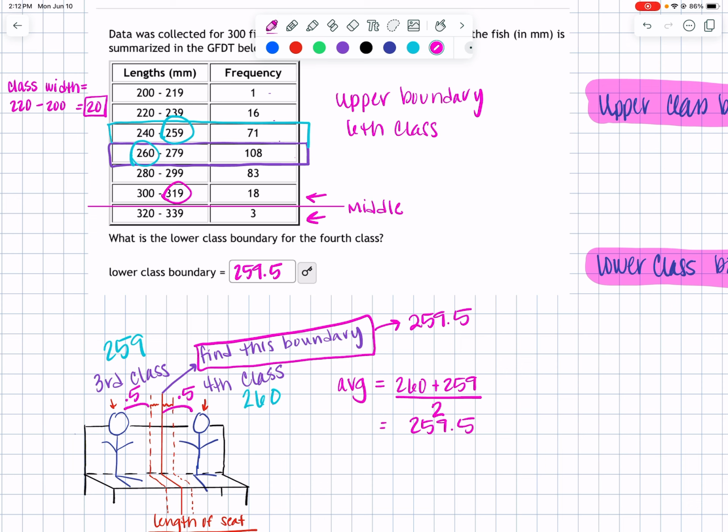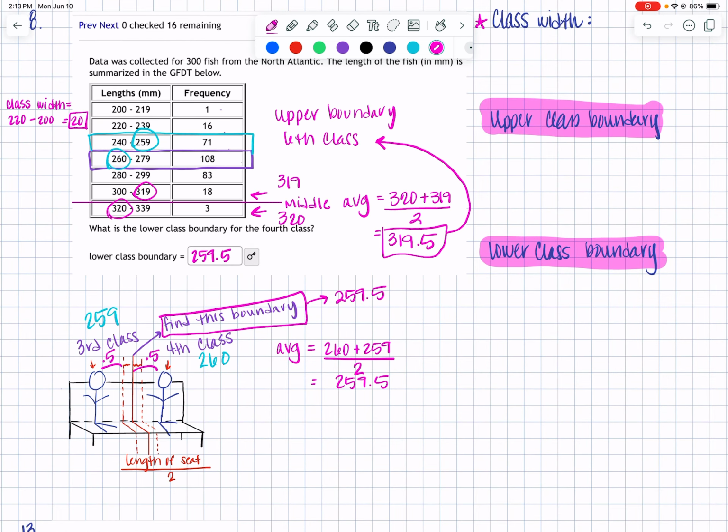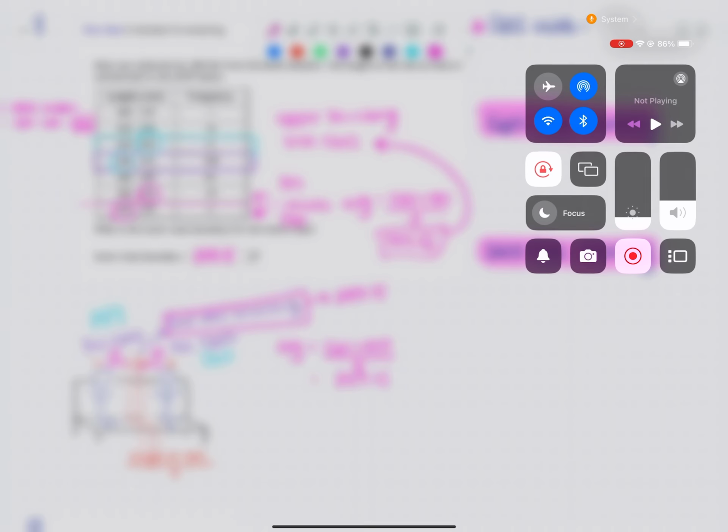Well, the top of my 6th class is 319. The bottom of my 7th class is 320. I want the middle of those, so I'm going to average them. When I average those, I get 319.5. So this would be the upper class boundary for the 6th class. Now that has been a lot for 2 problems, so I'm going to pause.